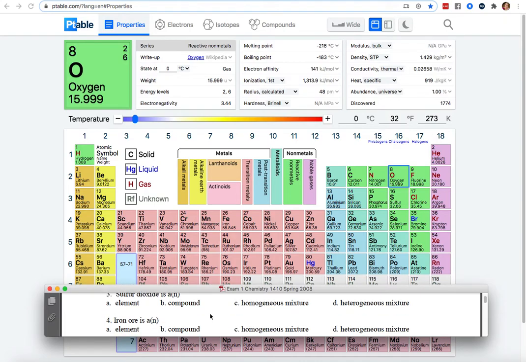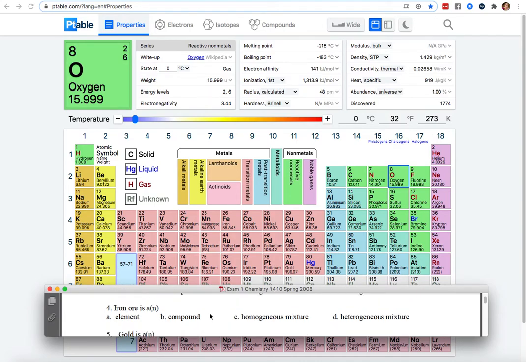So sulfur dioxide is a compound because it's made out of more than one element, in this case sulfur and oxygen. Iron ore, this is another one where you'd have to know something about it, but this is going to be true of all ores. Ores are what is usually mined out of the ground, and then the metal is extracted from the ore.